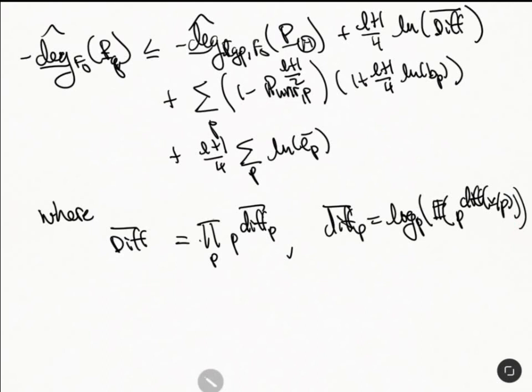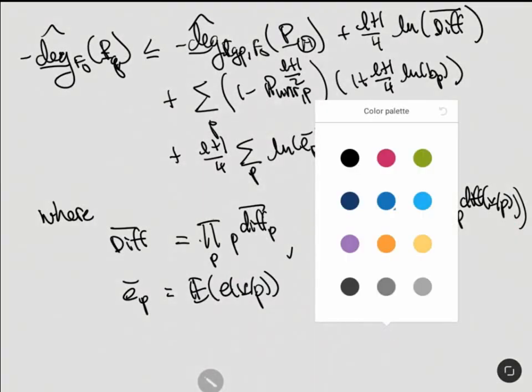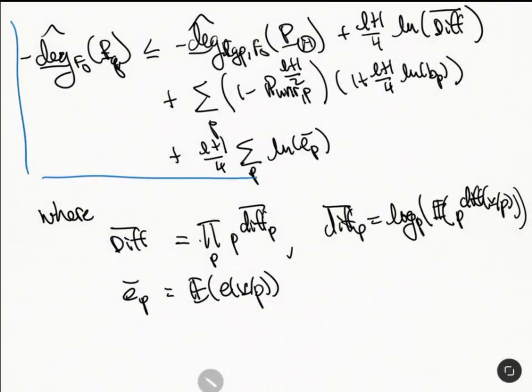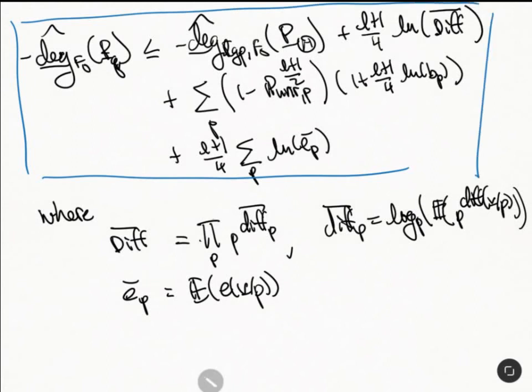And E p bar is just the expected value of the ramification at p. Let me box this. This is one of our formulas.